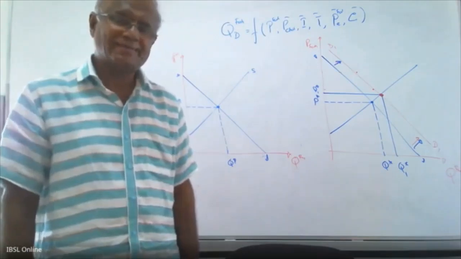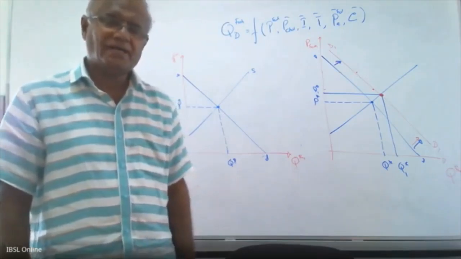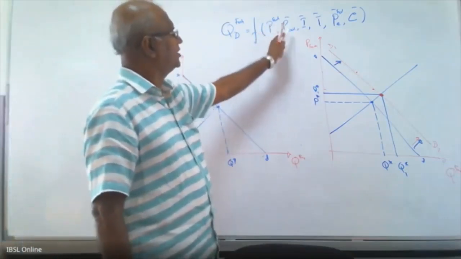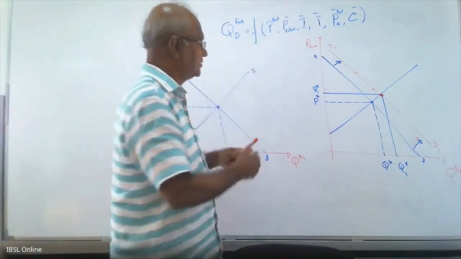There is an equilibrium price and quantity. Along this demand curve, what is fixed? The price of chicken. This is the second example, right? First example, second example.